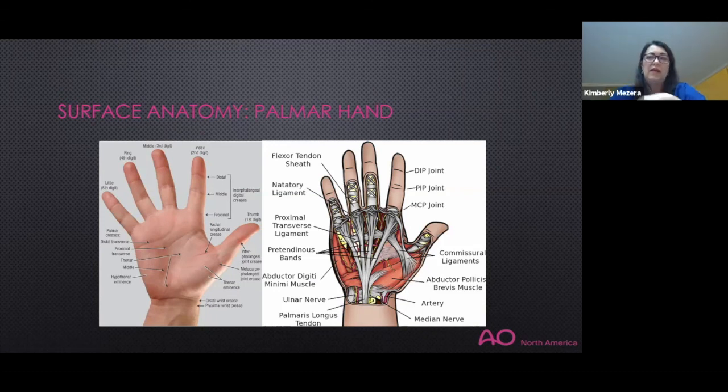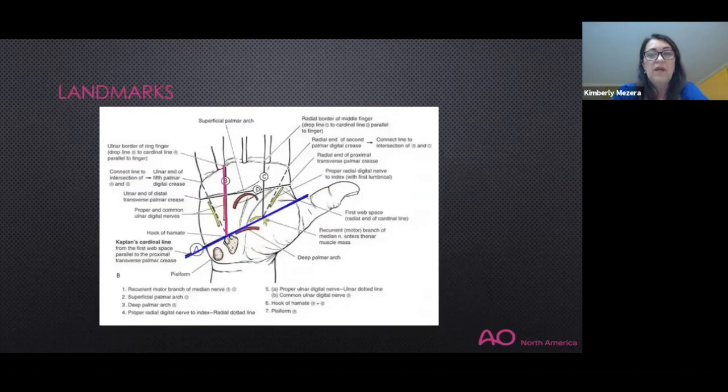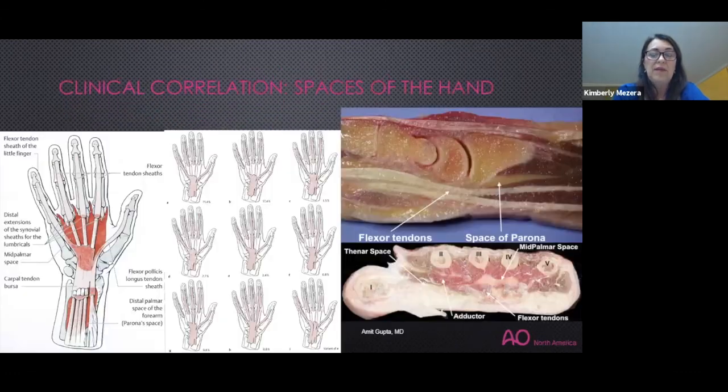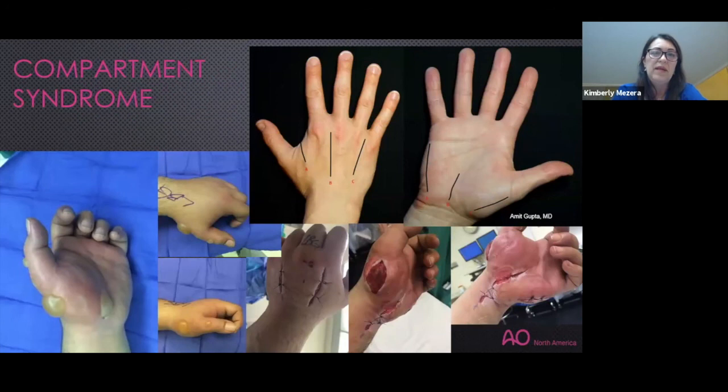And one other thing I'd like to make a point of is compartment releases. Dr. Grossman touched on that as well. Knowing the anatomy and the compartments, there are basically 11 compartments, you might say.